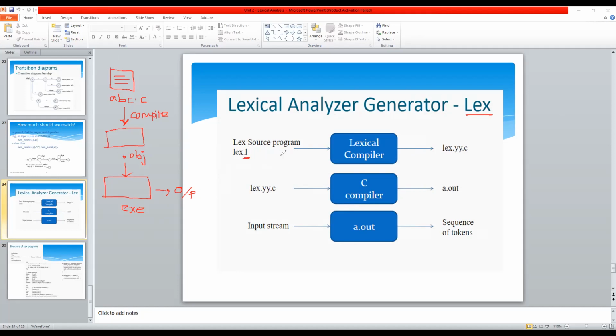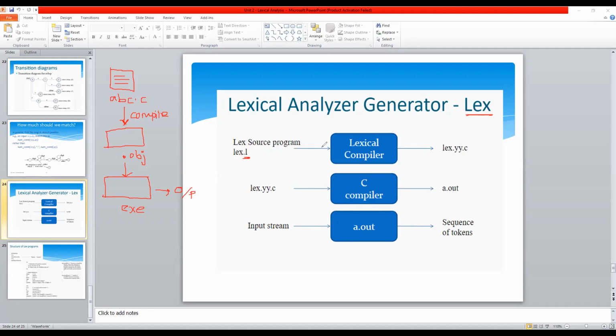Always remember, you can write any file name here: abc.l, pqr.l, anything. Whenever you write the file in the editor, it is stored as .l. In C we have the .c extension; here the Lex source program is always stored with the .l extension.